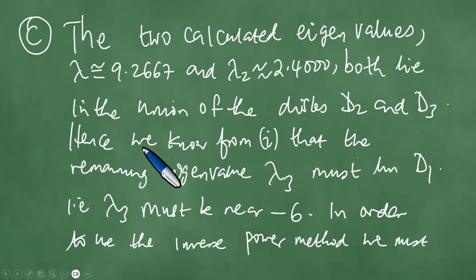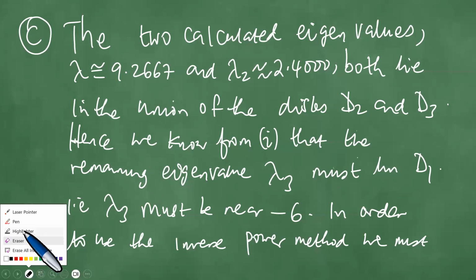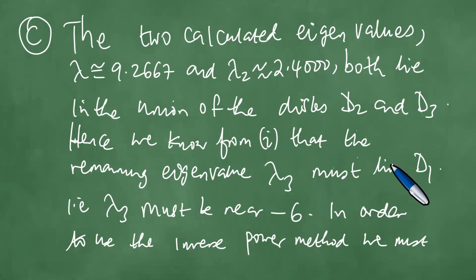Hence, we know from Roman figure 1, a discussion I've just included now, that the remaining eigenvalue must lie in D1. That is, lambda 3 must be near minus 6.